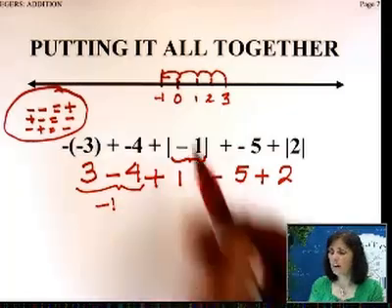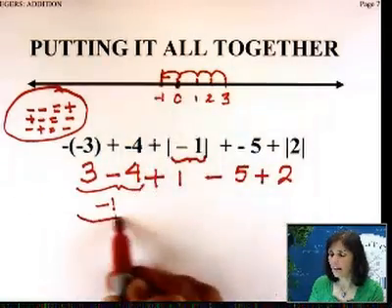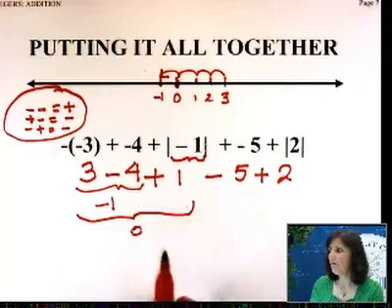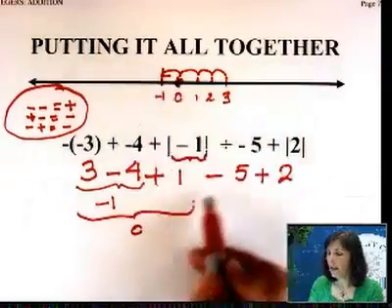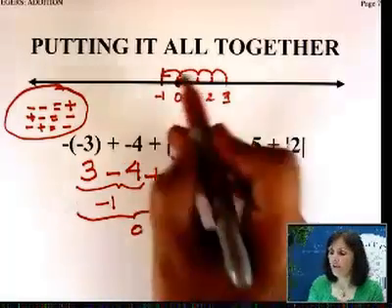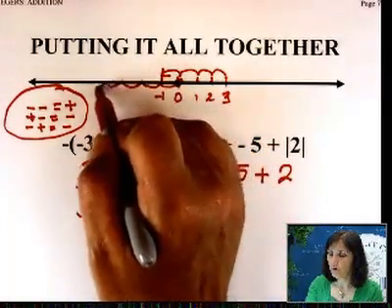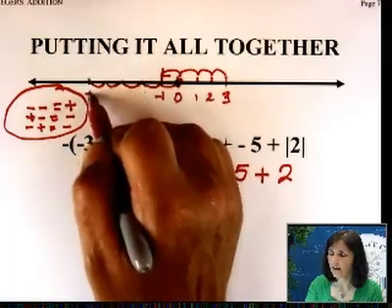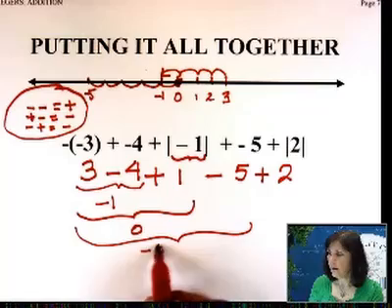Negative 1 plus 1. Now I go back to the right 1. So that gives me 0. Now I'm here. Now let's go back left. 5. 1, 2, 3, 4, 5. Here I am. Negative 5. Guess what?